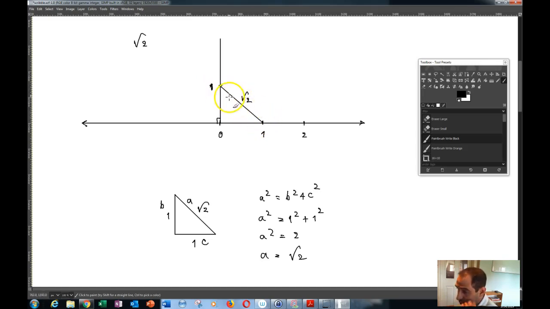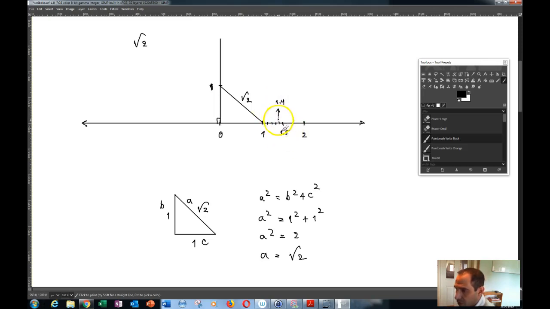So then you can use, for example, your compass or a divider in order to measure this distance, and then do an arc with the center on this axis. If this is 1.5, then this point over here would be about 1.4.